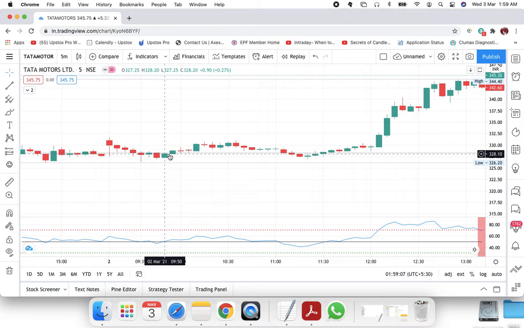If you are trading this script in future, it is almost 7,000 quantity in one lot. So 2 rupees is 14,000 rupees.